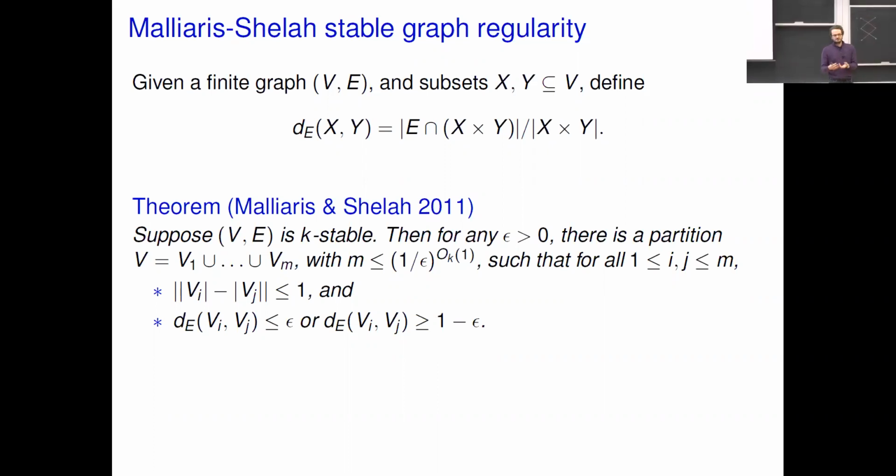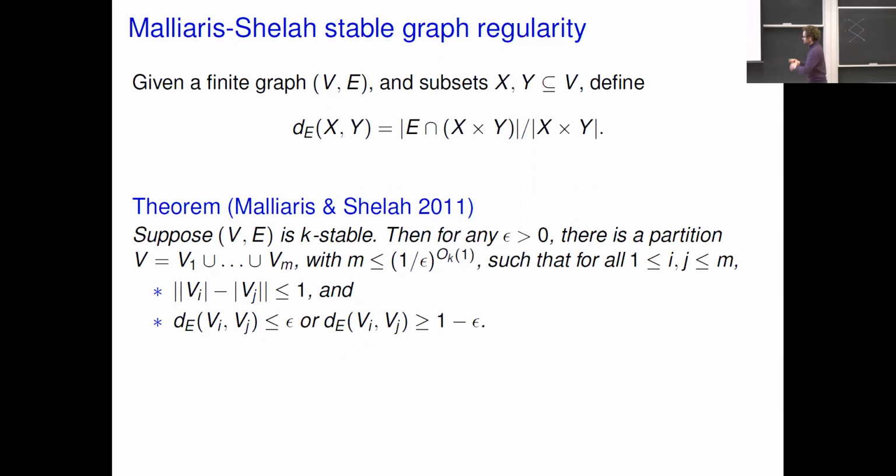And second, the density of the edges on the pair is either close to 0 or close to 1, so less than epsilon or at least 1 minus epsilon. So you break your graph into this bounded number of pieces, and then between each pair of pieces, the graph looks nearly complete or nearly empty. So it's a very strong structure result for how the graph looks.